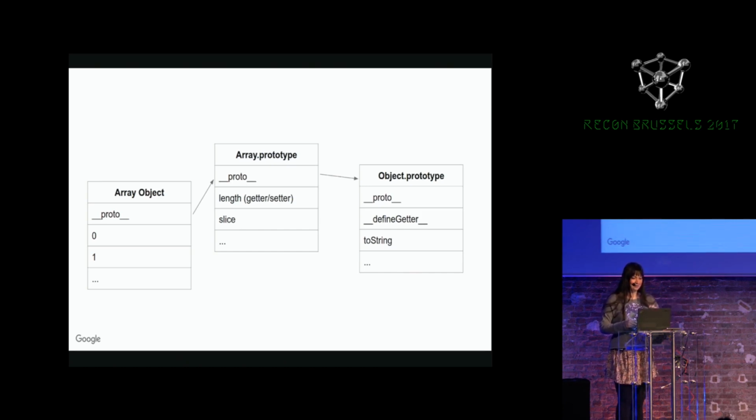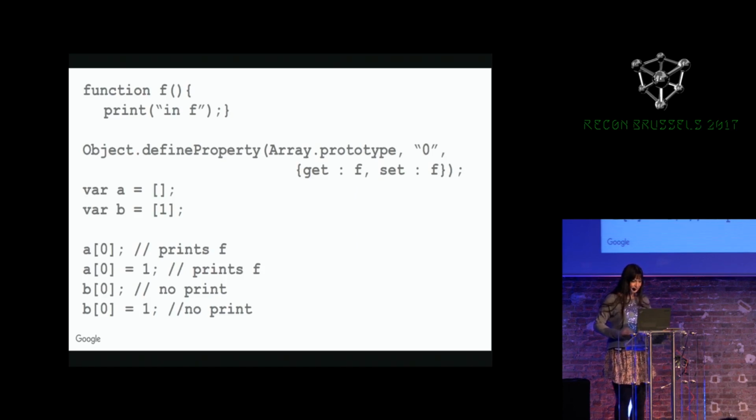If it's not, you get the prototype, and if it's not there, you get the prototype's prototype, and you go all the way up the chain until it's null, and that's how you get a property. So let's say you define the property of not the array, but the prototype object that is given to all arrays. Then that also works, and then you create these arrays after you've done that, and without ever touching the array, it will still trigger these accessors.